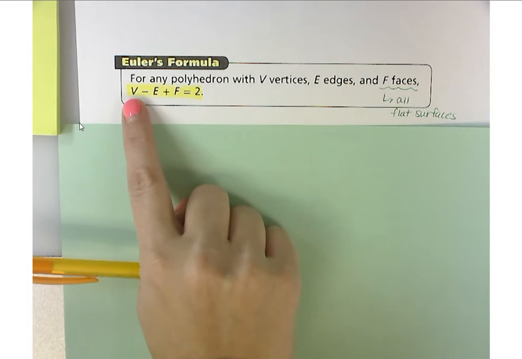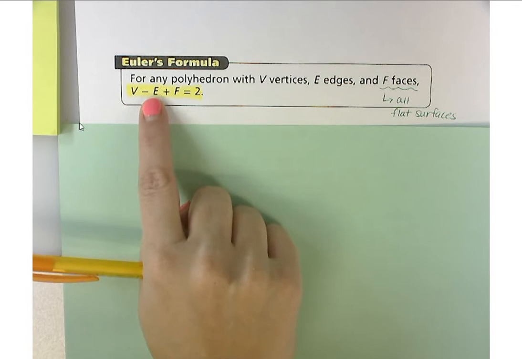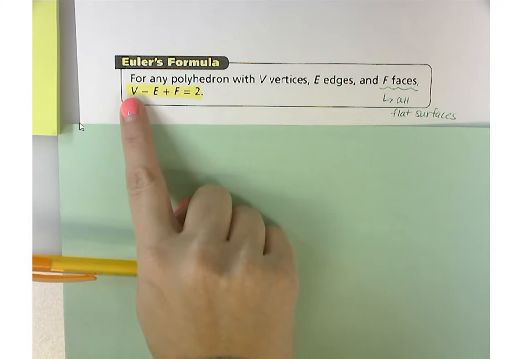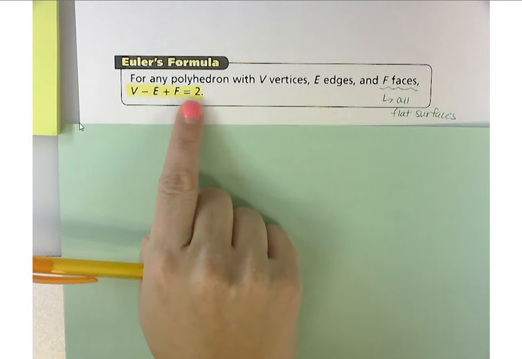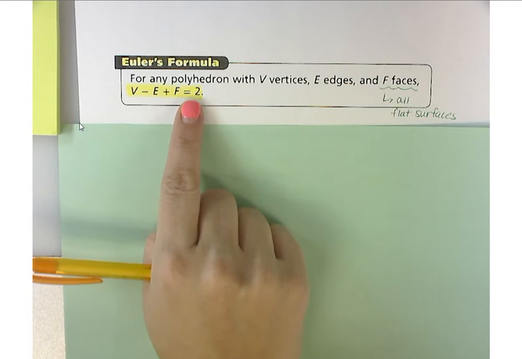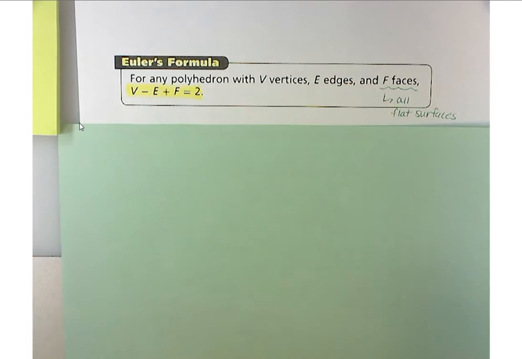Okay, so the V stands for the number of vertices, E is the number of edges, and F is the number of faces. And if you subtract vertices minus edges and then add the number of faces, you will get 2. Okay, and remember the faces are all of the flat surfaces.